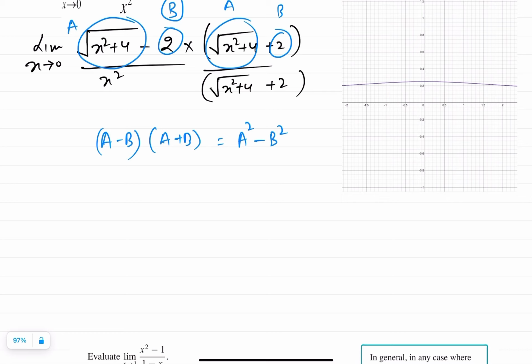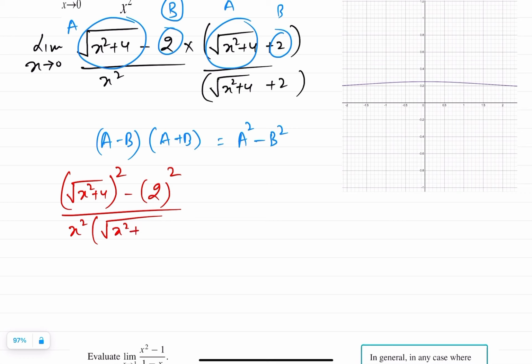So a is root x squared plus 4, we have to take the square for this, and then b is 2, square for this. The below term is root x squared plus 4 plus 2. We know that this square and this root will cancel.